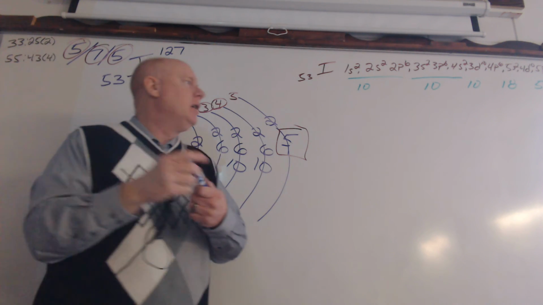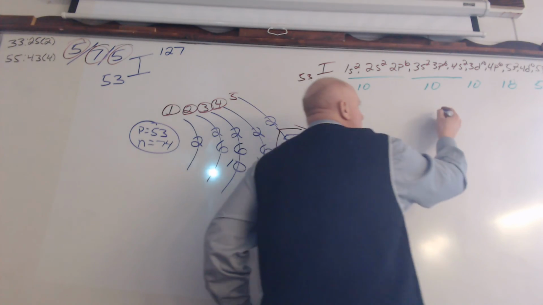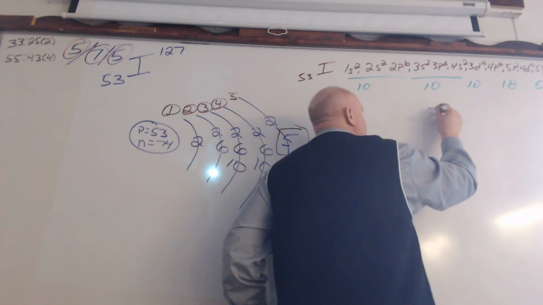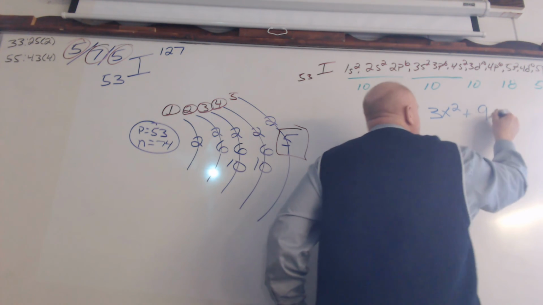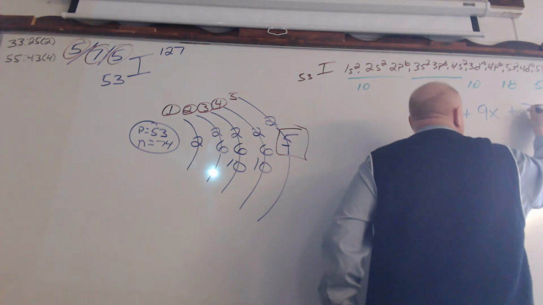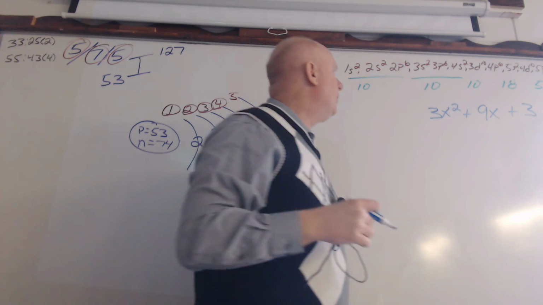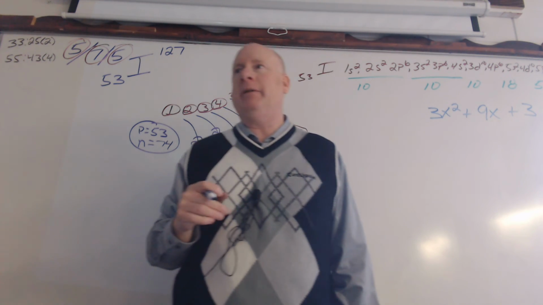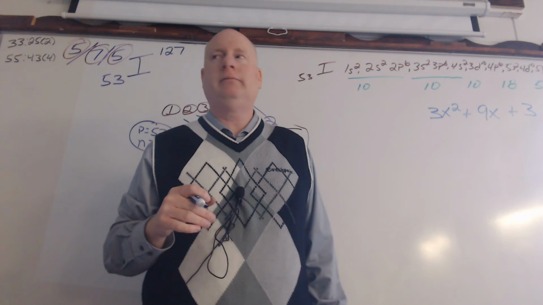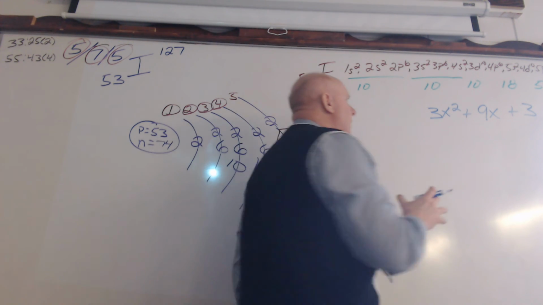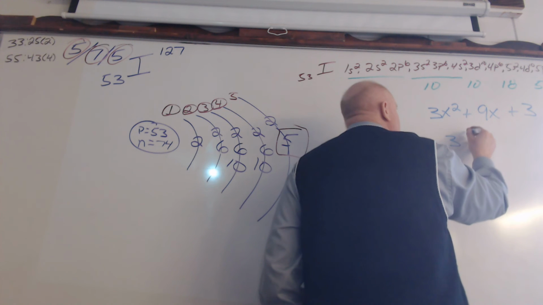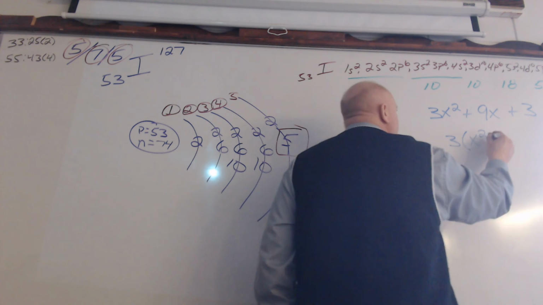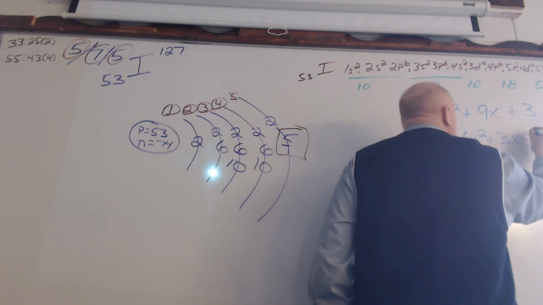Let's say you had, don't write this down either, 3x squared plus 9x plus 3. What do those all have in common? The number 3, so we can factor a 3 out of there. In other words, 3 times (x squared plus 3x plus 1).